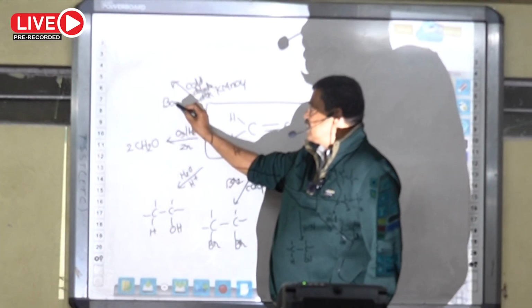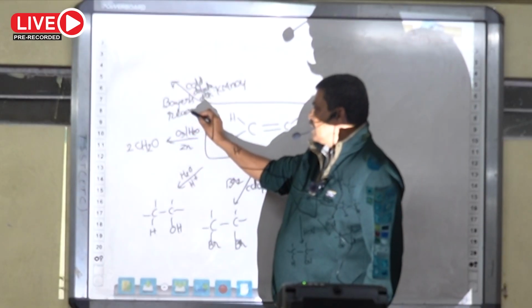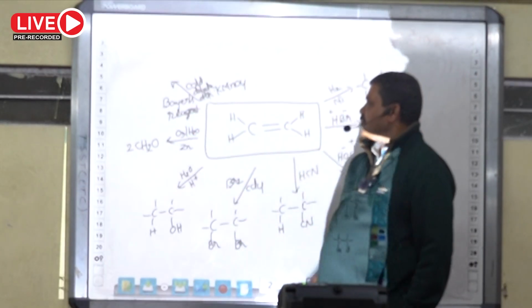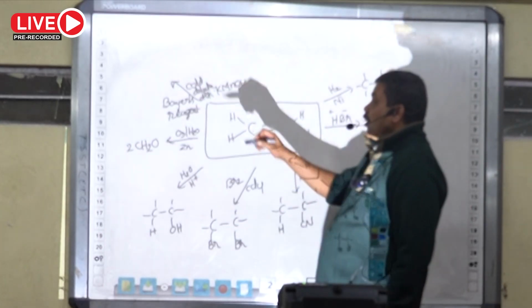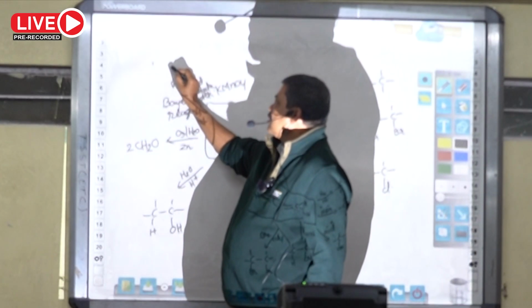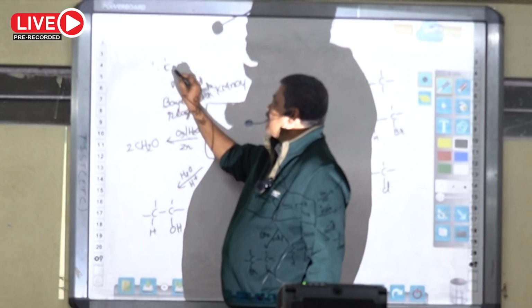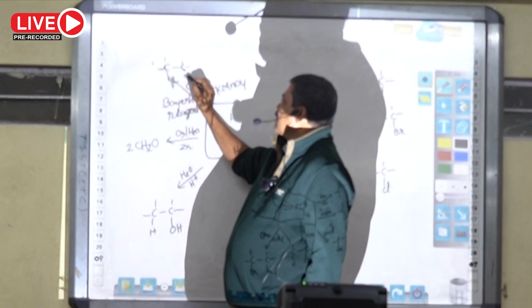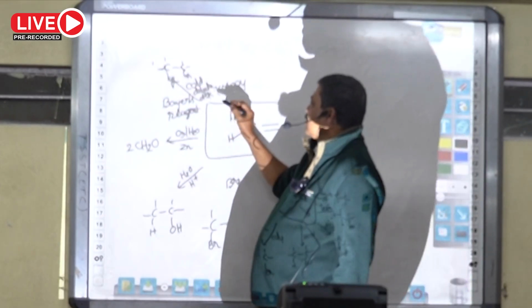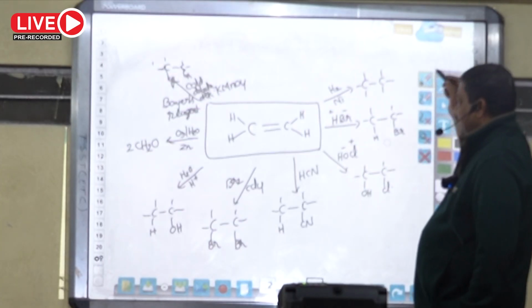What is the name of this reagent? Bayer's reagent. Actually, this is called hydroxylation. So two OH groups are added. So I will write in a different way.